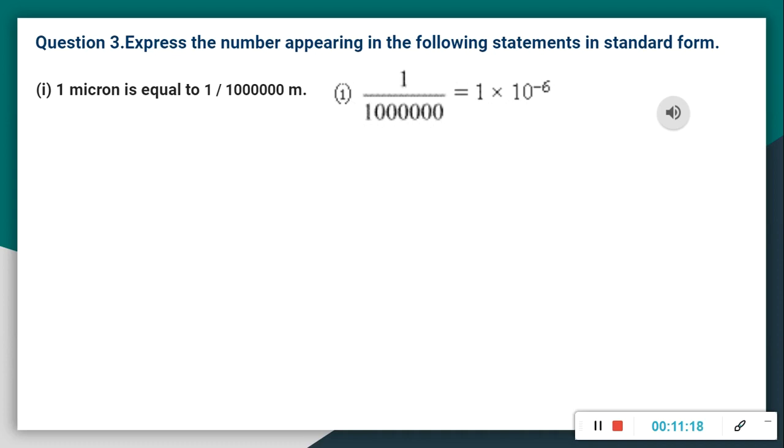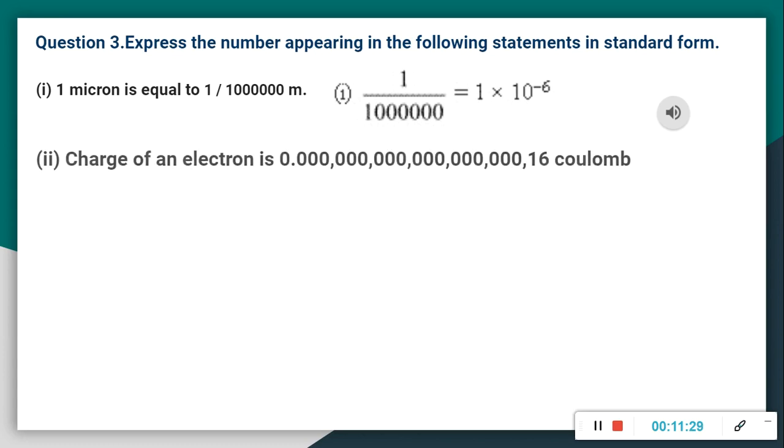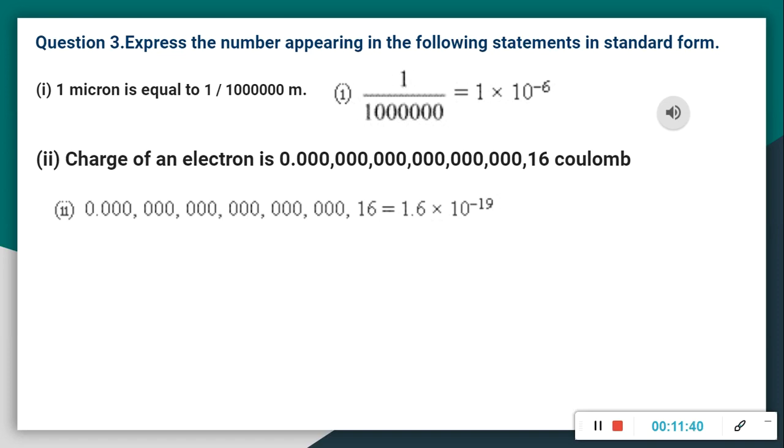So we can write it in the form of a negative power, meaning it is a very small number, right? So the answer in standard form would be 1 into 10 raised to minus 6. Second one, charge of an electron is, these many zeros are there and 16. Okay. So how could we write 1.6 into 10 raised to minus 19?